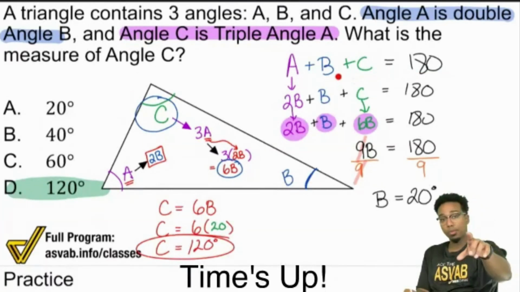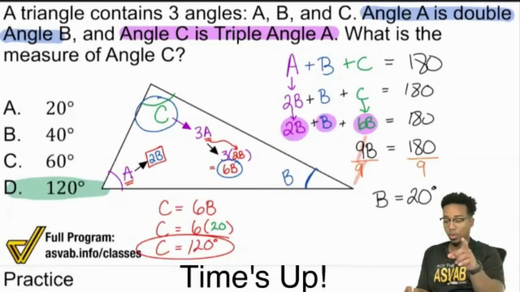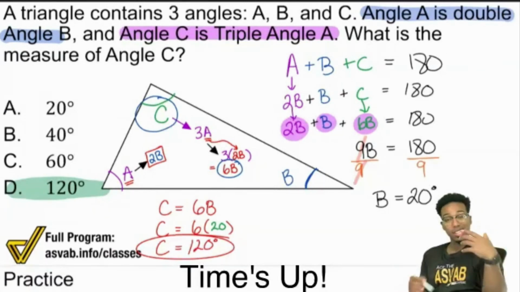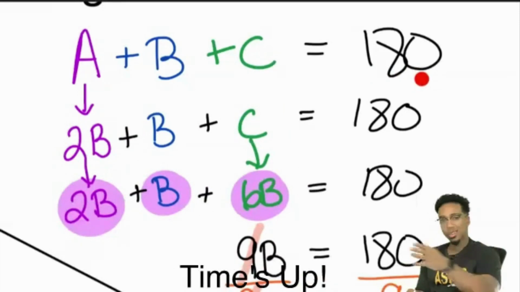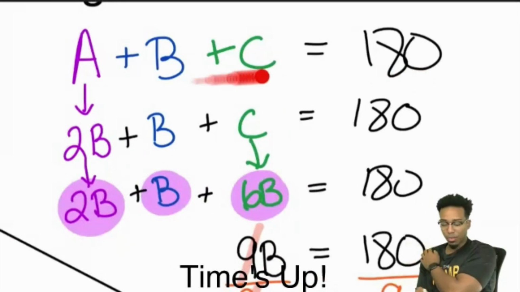Here's where the problem came up, guys. The problem came when we were looking at these clues here. Angle A is double angle B. Okay, so what does that mean? Angle C is triple angle A. Okay, what does that mean? What does that help us with? Because we're looking at this equation and we notice that we're in a jam here. If I only have one equation, I can't find out what any of these things are.